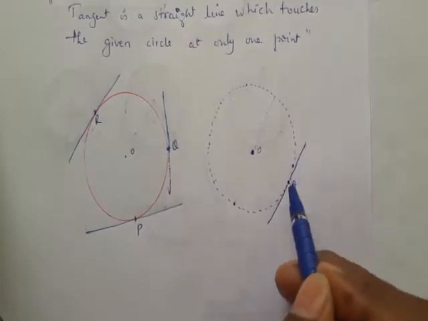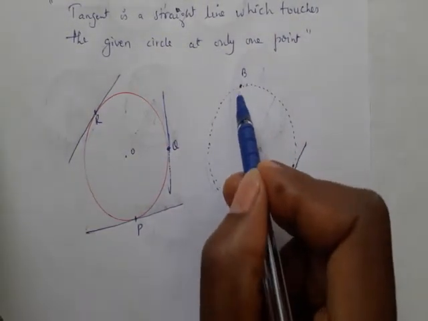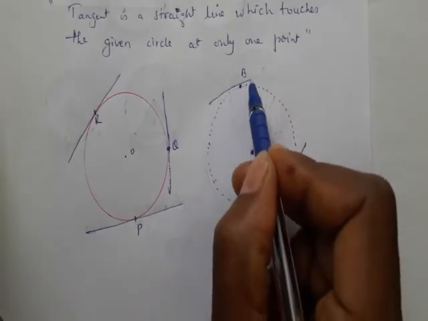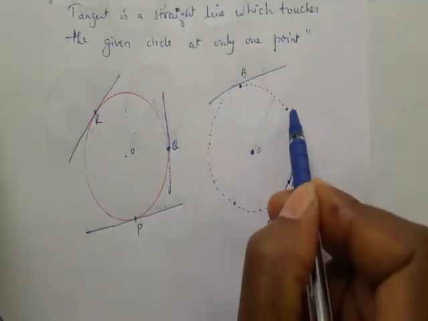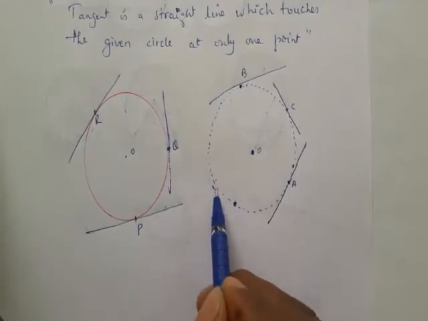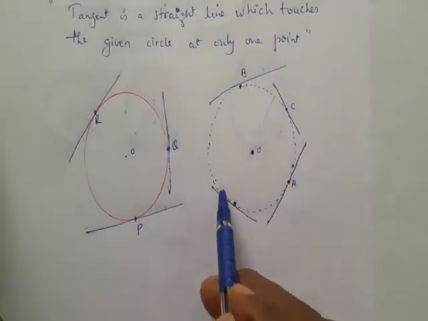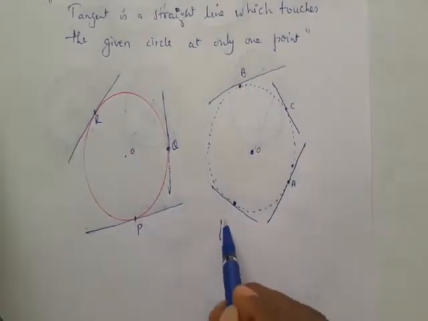Now let us take here one point, name it B, and we can draw one tangent here, and one more point we will take here C, one tangent. The another point will take another tangent. Like circle is having infinite number of points on the circumference, then how many tangents can you draw?